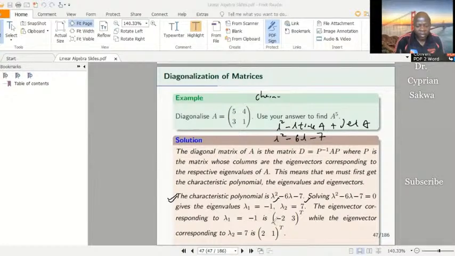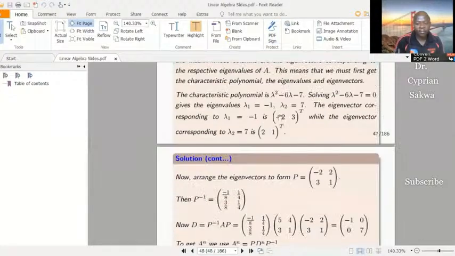So the eigenvector corresponding to this eigenvalue is that, and the eigenvector corresponding to this eigenvalue is this. All I needed to do was to get the eigenvectors. As I said at the beginning, when I arrange those in columns of a matrix, I form matrix P.